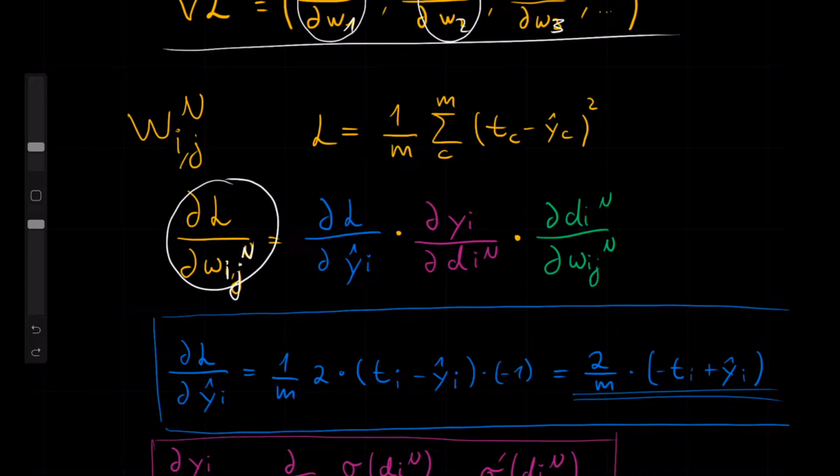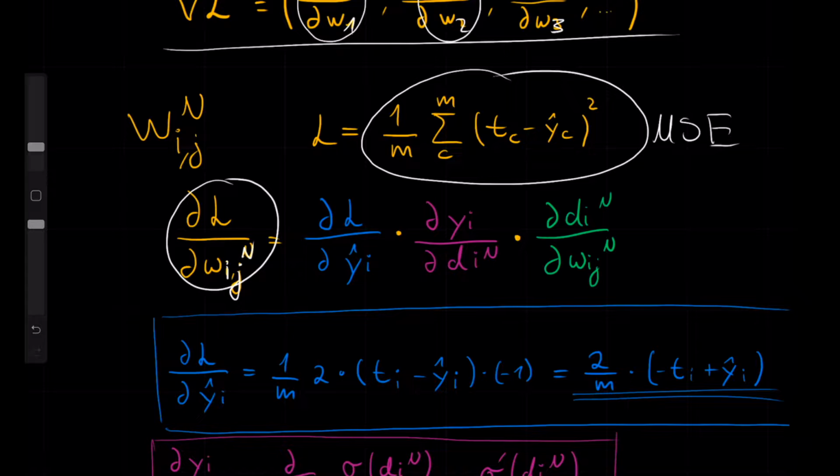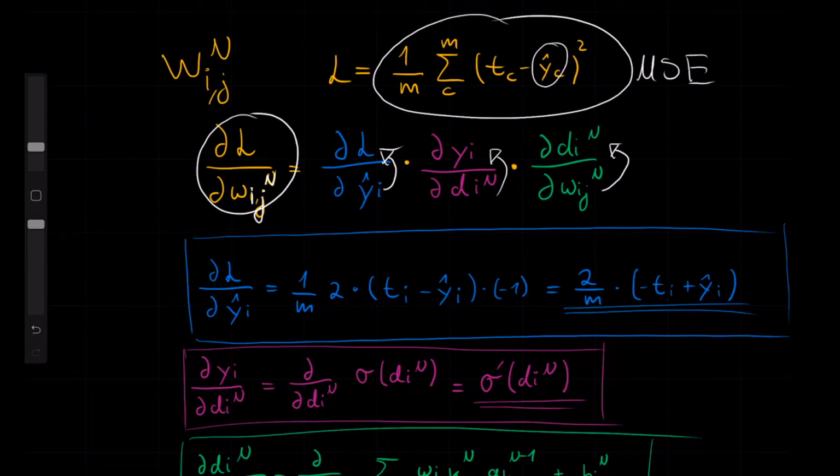And now our loss function here will be the mean squared error, and this is a nested function, so the loss function does not directly depend on our weight, but instead the weight affects the drive of our neuron, the drive affects the activation or the output, and the output is then somewhat directly affecting the loss, as we can see here. So if we split the derivative into these smaller parts here using the chain rule, we can then tackle them one by one.